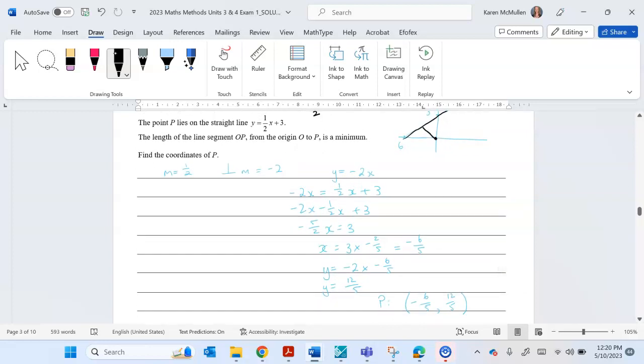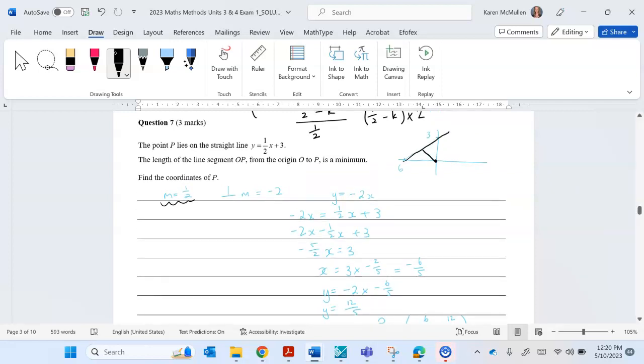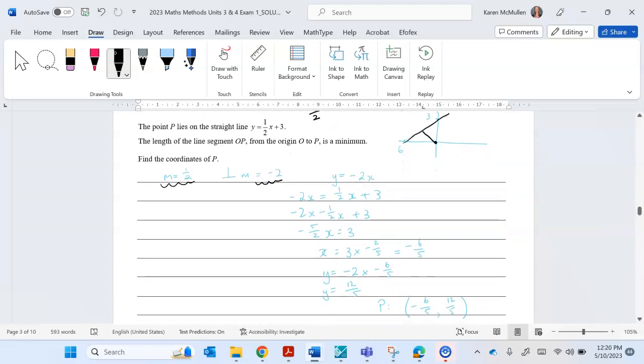So when they're perpendicular, you can see the gradient of the line there is a half. So the gradient of your perpendicular line is the negative reciprocal. We just flip that fraction, so instead of being 1 over 2, it becomes 2 over 1 and multiply it by a negative. So my gradient is negative 2. And it goes through the origin, so we don't need to put plus c, it's just plus 0.